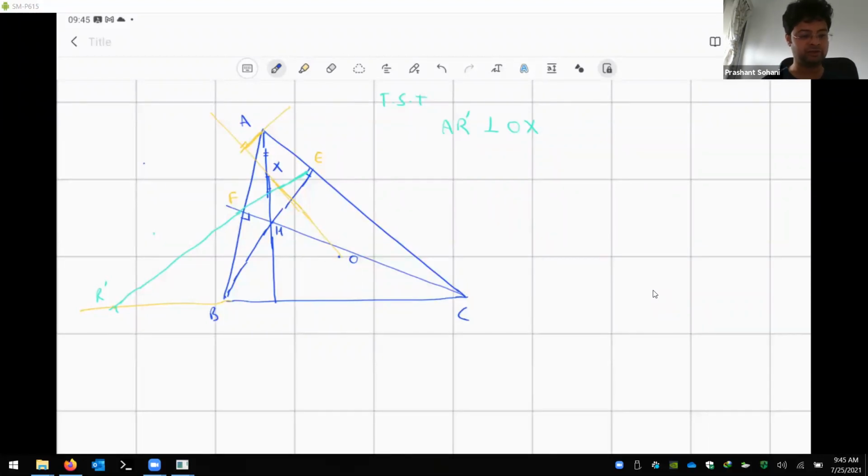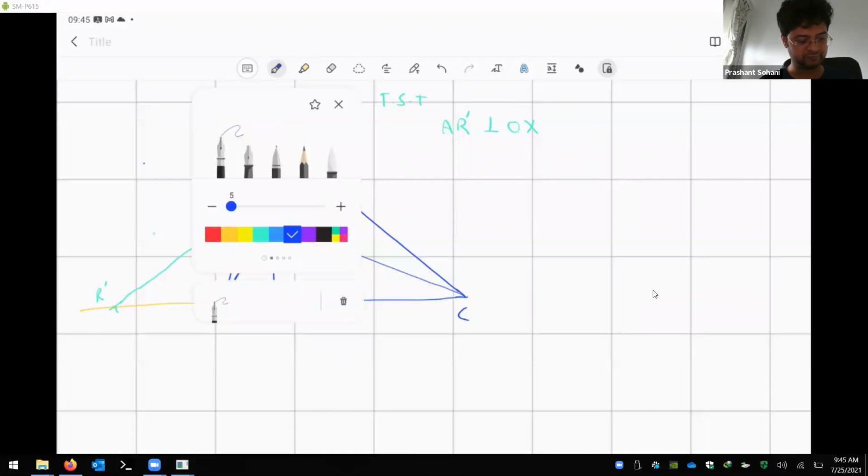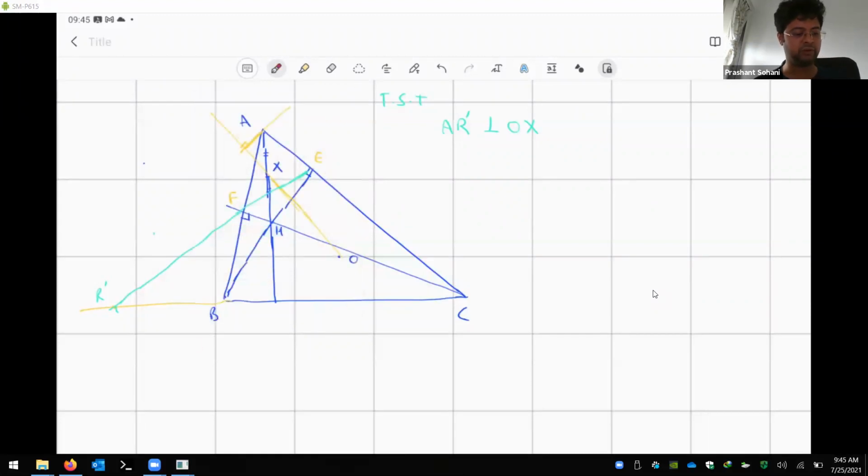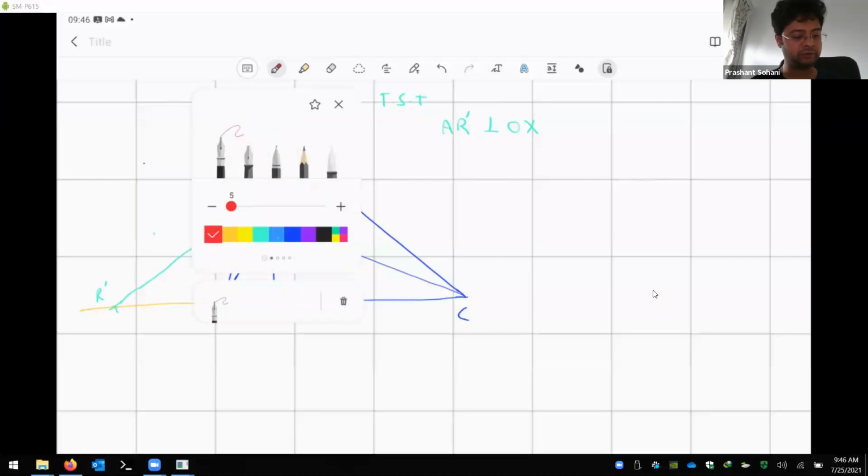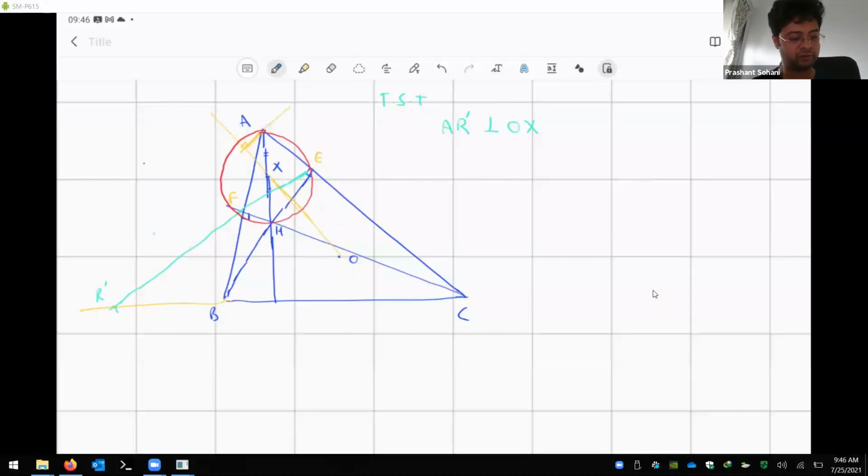So let me draw the circles in question. Just now in the previous part, we were talking about the circumcircle of triangle AEF. We know that X is the center of that circle. And consider another circle, which is the circumcircle of ABC itself.